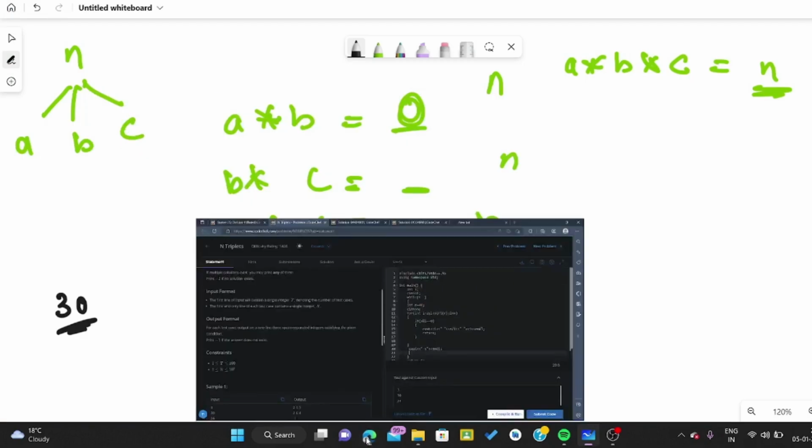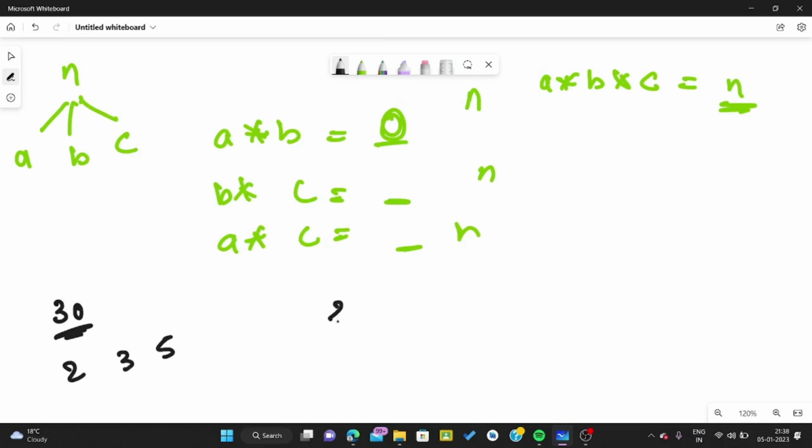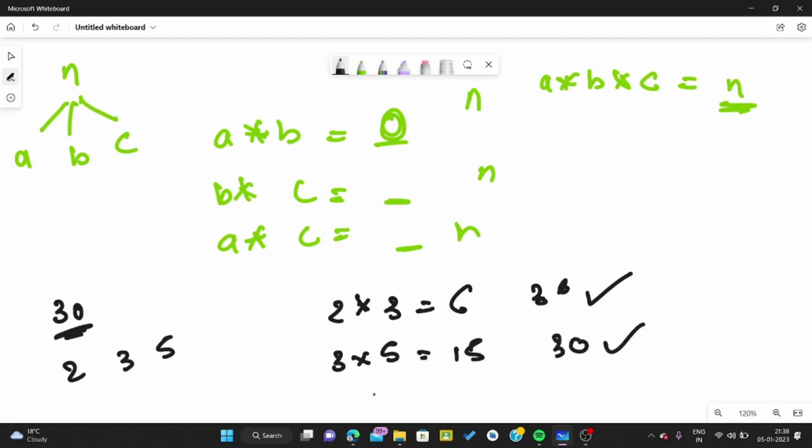Okay, so let's understand with this. 2, 3, 5. When we multiply 2 with 3, we get 6, which is a divisor of 30. Yes, it is. Condition checked. When we multiply 3 with 5, it is 15. Is it a divisor of 30? Yes.